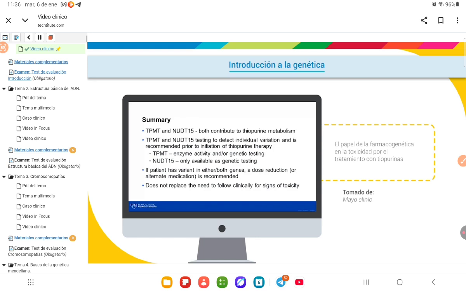At Mayo Clinic, the genetic test includes both TPMT and NUDT15 together in one test. If a patient has a variant in either or both genes, a dose reduction or potentially an alternate medication is recommended. The combined TP-NUV test results include the combined interpretation, and it is important to note that although these tests are very helpful in predicting which patients are at increased risk of toxicity so that their medication dosing can be adjusted or an alternate medication can be selected, careful clinical monitoring for signs of toxicity remains essential to ensure patient safety.